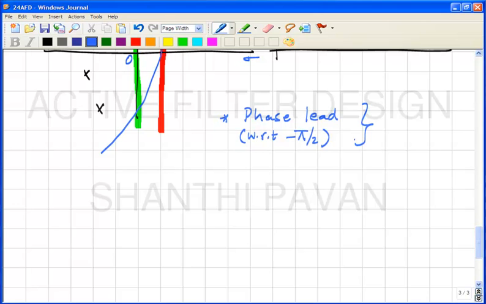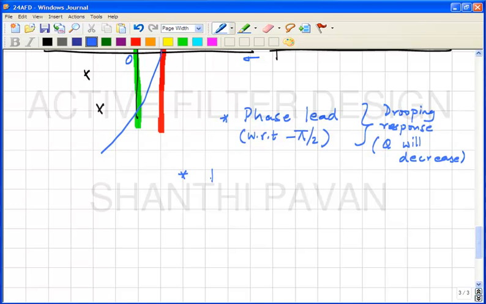Then what will you see in the response? Yes. So you will see Q will decrease. So you will see a drooping response, or Q will decrease.